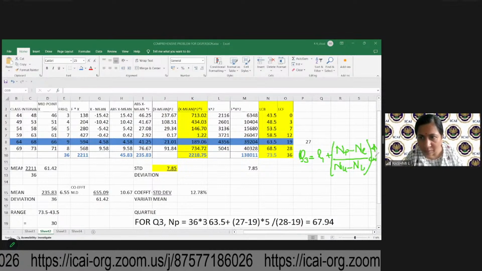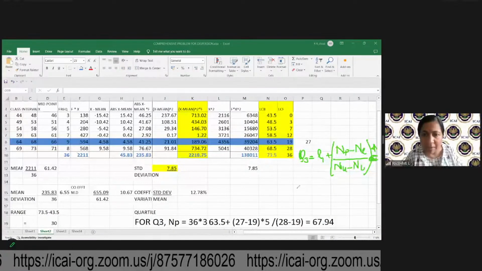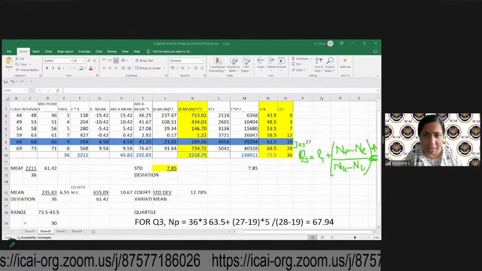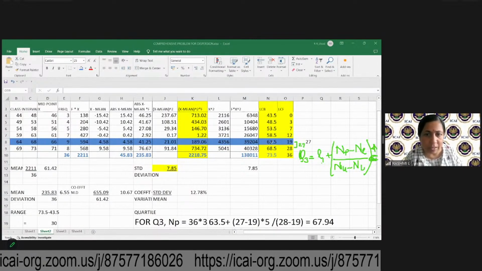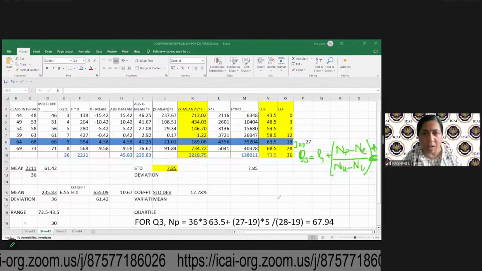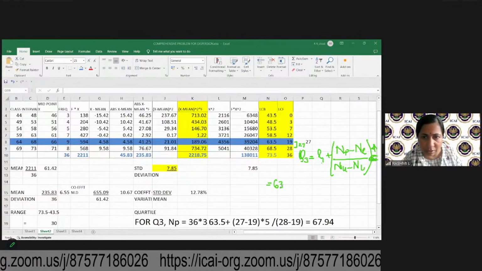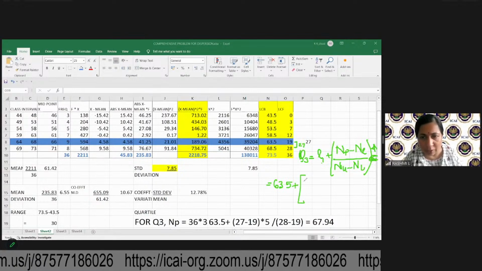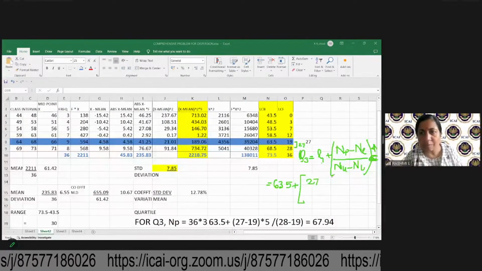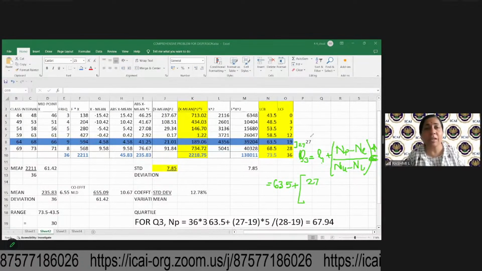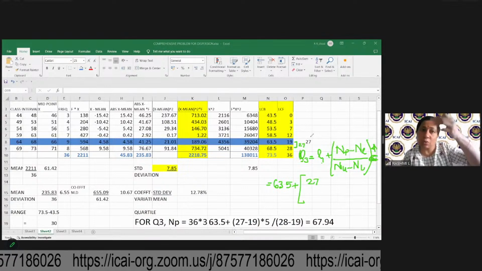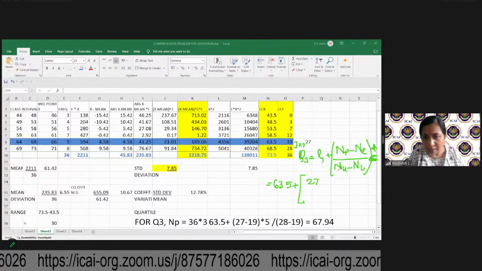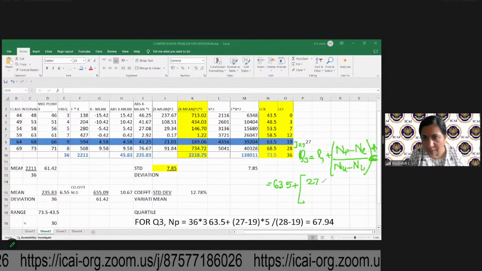Okay, so we are just multiplying by the class width. L1 is how much? Because 27 is lying between 19 and 28, L1 is the lower class boundary. This is equal to 63.5 plus NP, which is how much? 27 that I have calculated, which is 36 into 3 by 4, minus NL.